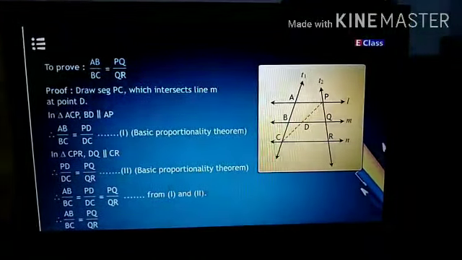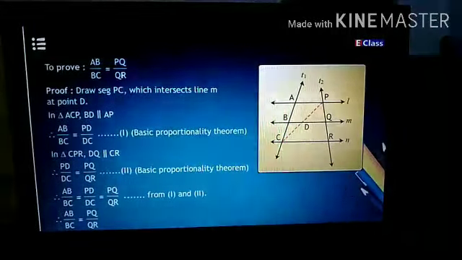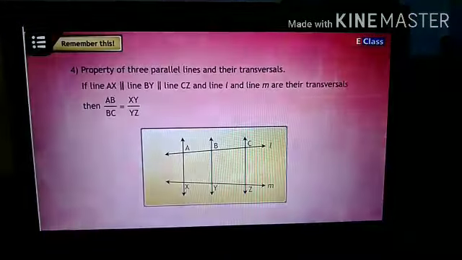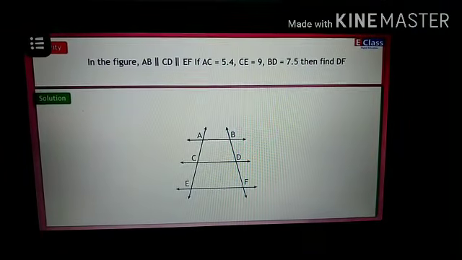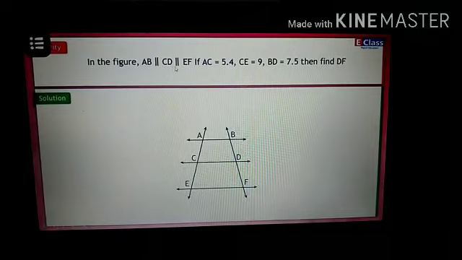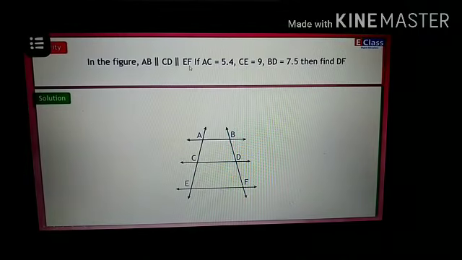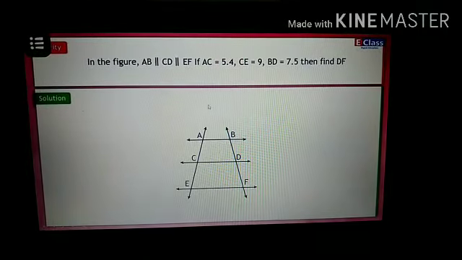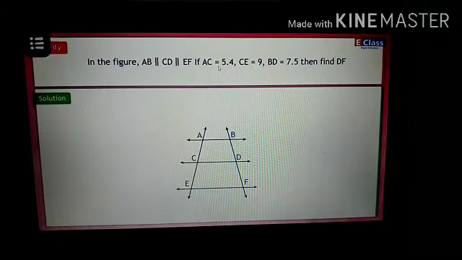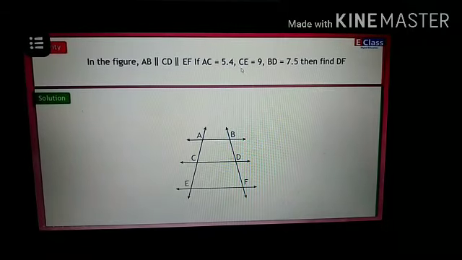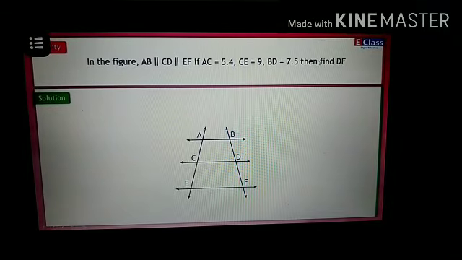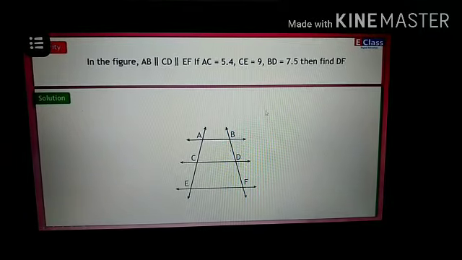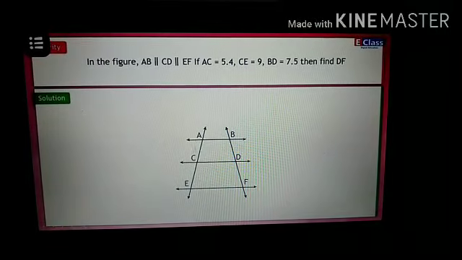To understand this property better, let us see a solved example. In the figure, AB is parallel to CD is parallel to EF. If AC is 5.4, CE is 9, BD is 7.5, then find DF. So this figure is given to us.